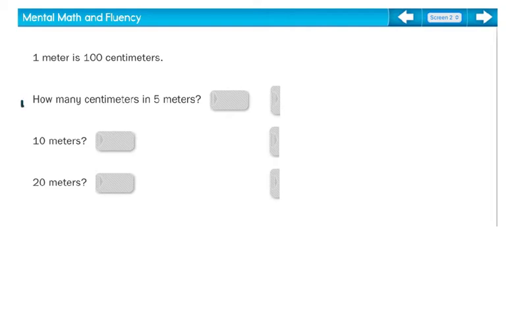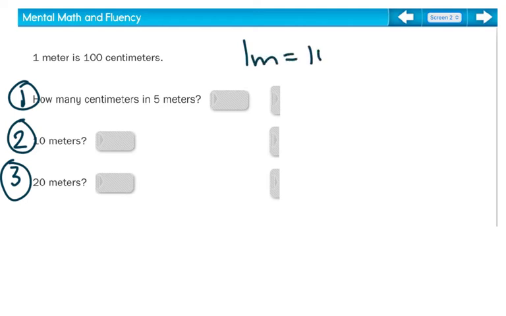So number 1, 2, and 3. Knowing that 1 meter equals 100 centimeters, how many centimeters are in 5 meters?